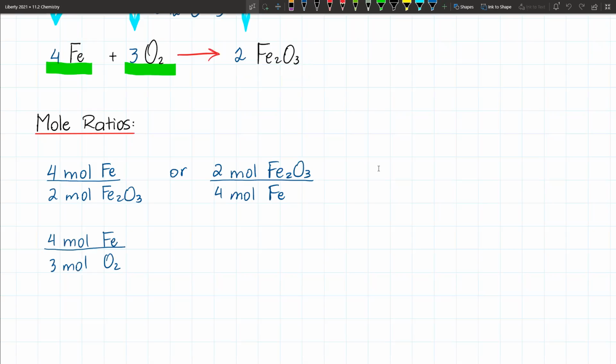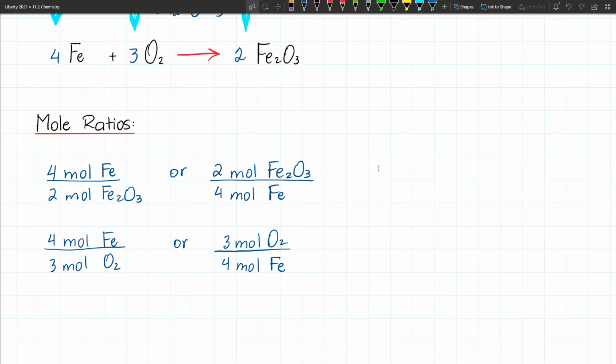Or flip the fraction, and you're going to have 3 moles of oxygen react with 4 mole of iron. Those are two relationships.